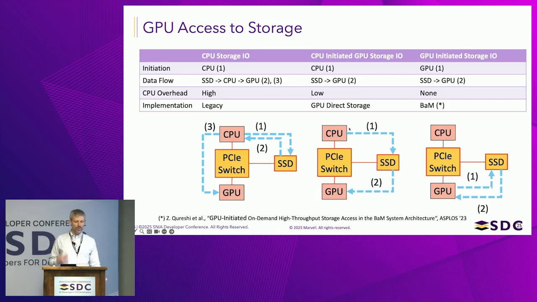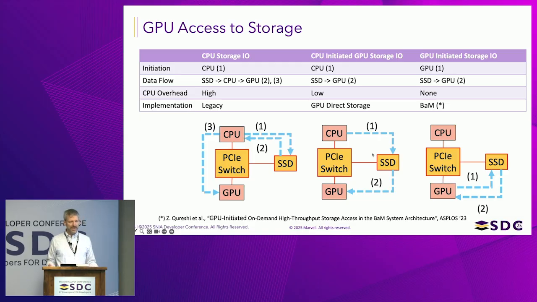Then an improvement over this is GPU Direct Storage. That was initially introduced by NVIDIA. Here, I call it in more general terms CPU-initiated GPU storage I/O. So the initiation still comes from the CPU, as you can see here.